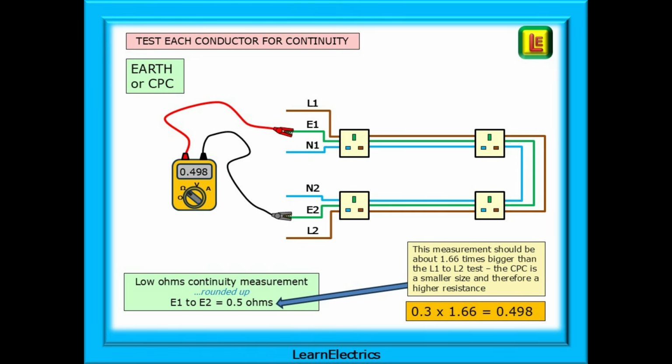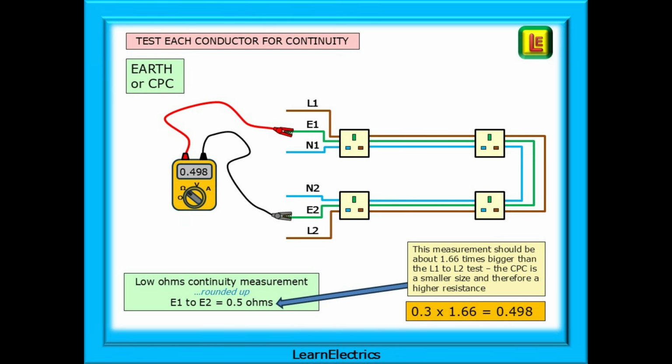Now test E1 to E2, the earth or CPC. This time we have a reading of 0.5 ohms, and the question is, how do we know if this is a good reading? This CPC resistance measurement should be about 1.66 times bigger than the L1 to L2 test.